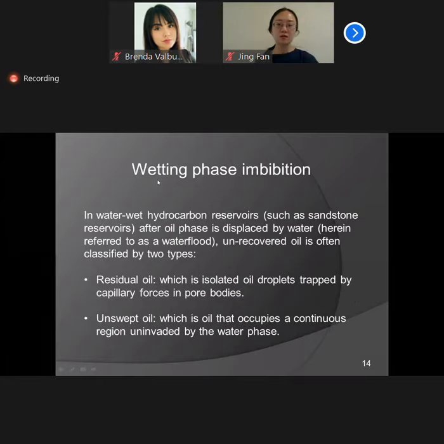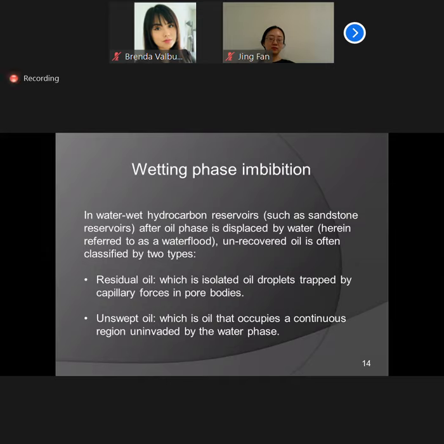For the wetting phase imbibition in the water-wet hydrocarbon reservoir, such as a sandstone reservoir, after the oil phase is displaced by water, uncovered oil is often classified into two types.